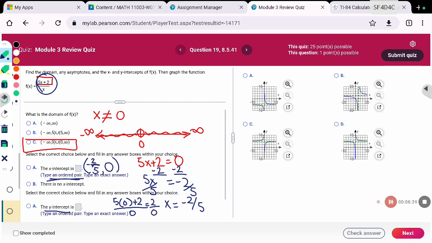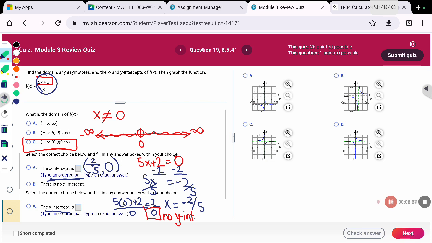You cannot have a 0 as your denominator. That is undefined. What that tells me is there is no y-intercept.